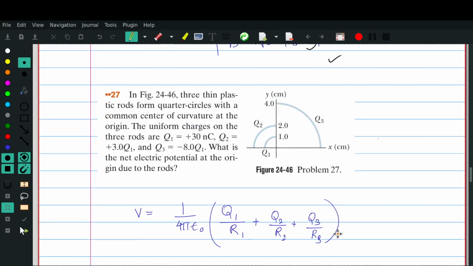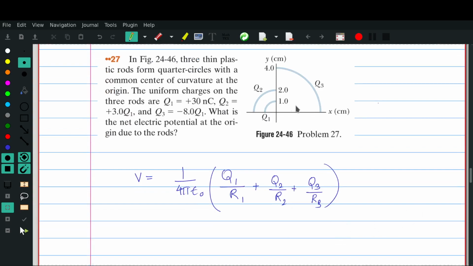Okay, so let's move on to the next one. What is this problem? Three thin plastic rods form quarter circles with a common center of curvature at the origin. So all these circles are concentric, and they are considering only a quarter of the circle.